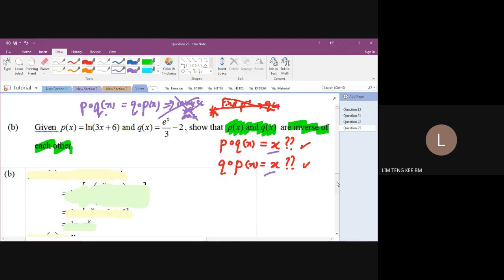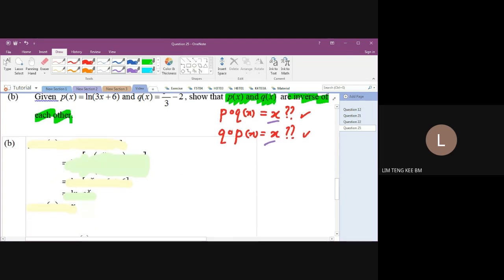With that idea, let us calculate the composite functions one by one. Let's begin with the calculation of PQ.